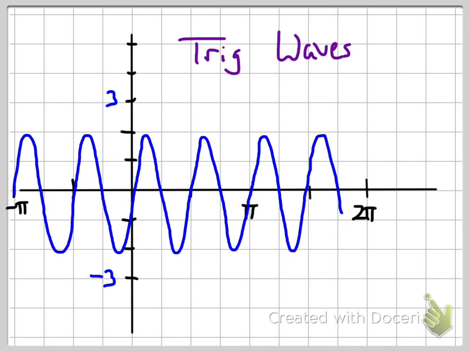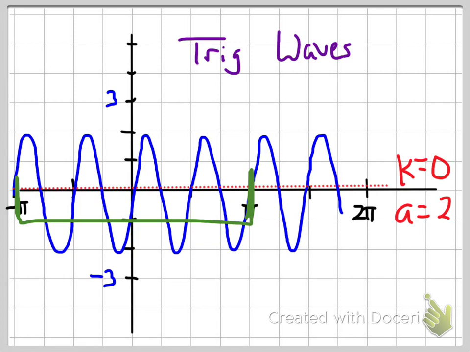All right, looking at this, my midline is right here, so I have a K value of 0. My amplitude is going up 2 and down 2 from that, so my A value is 2. Here's the next part that's kind of tricky. For this one, I'm looking from -pi to +pi.